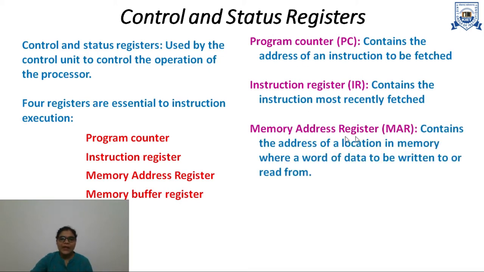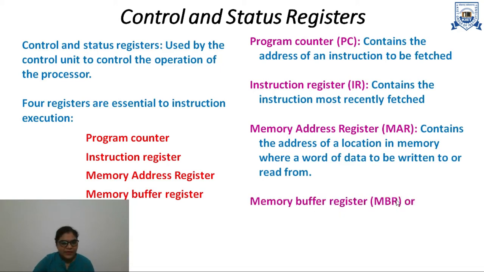Now, the memory address register will always hold the address of the data. It always holds the address of the location to which the data will be written or from which the data will be read. So the memory address register contains the address of a location in the memory where a word of data is to be written or read from.